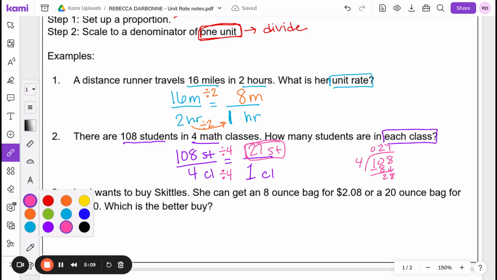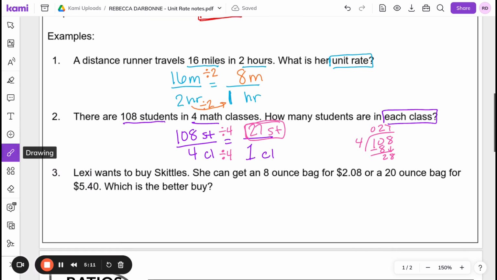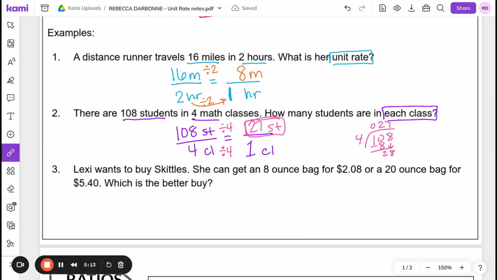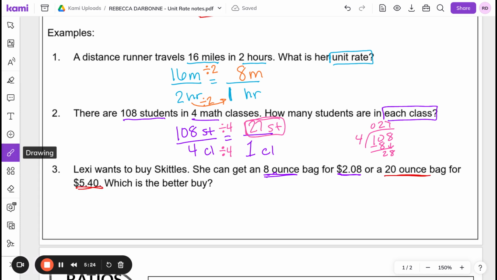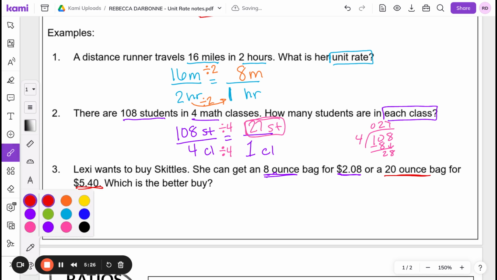Okay, next one has an extra step. So Lexi wants to buy Skittles. She can buy an 8-ounce bag for $2.08, or she can buy a 20-ounce bag for $5.40, and we want to know which one is the better buy.